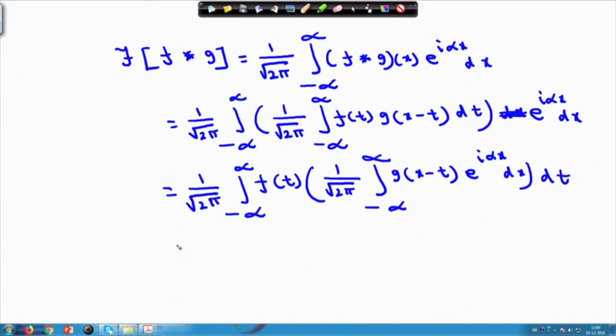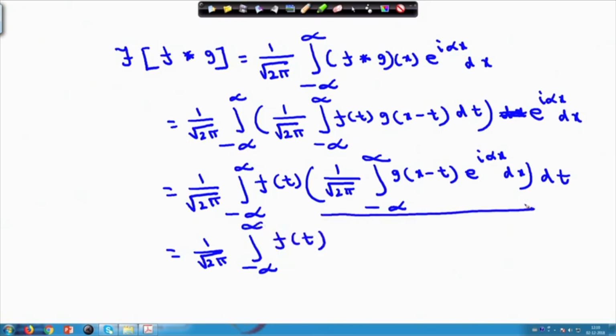So we have 1 by root 2 pi, integral from minus infinity to infinity of f(t). Now, what is this function, 1 by root 2 pi integral from minus infinity to infinity of g(x minus t) into e power i alpha x dx? It is nothing but the Fourier transform of g(x minus t).